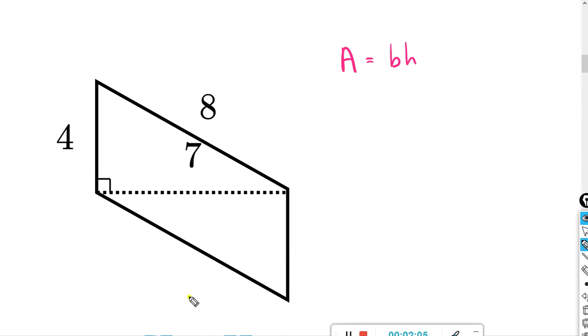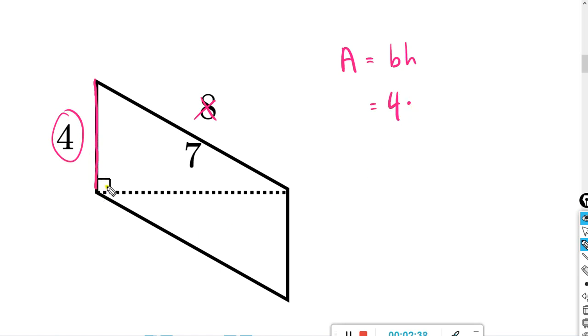All right, we have our parallelogram here. Remember, the base is any one of the side lengths. Now, I don't have any line perpendicular to this side length here, so I'm not going to use it. I'm going to eliminate the 8. It's not a good drawing, but this side length here was 8. So for the base, I'm going to use this side right here. That's a 4.